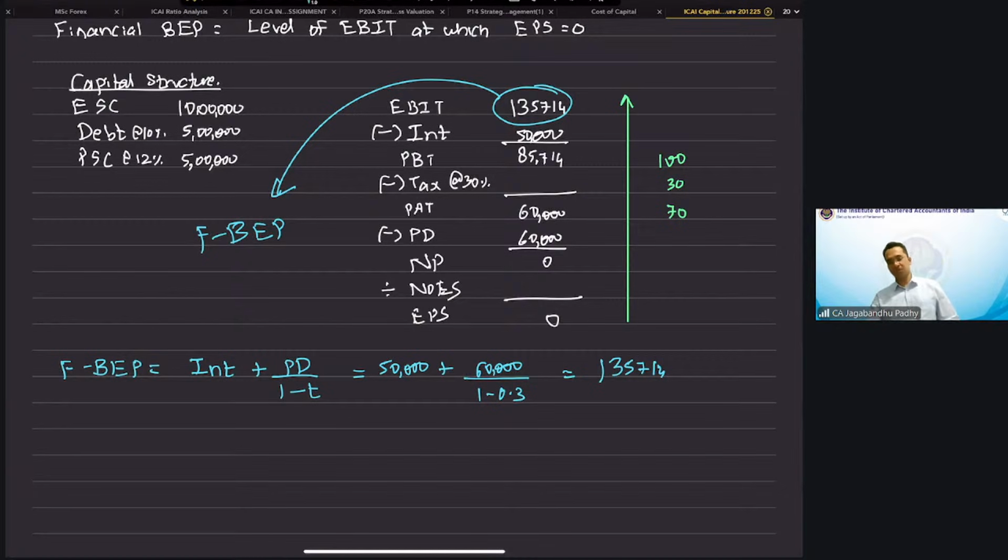Okay, once we have computed the financial break-even point, let's try to understand what's the significance of it. What is it that's so intuitive about the financial break-even point? Listen, guys.